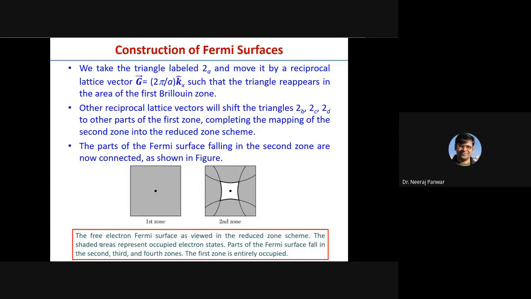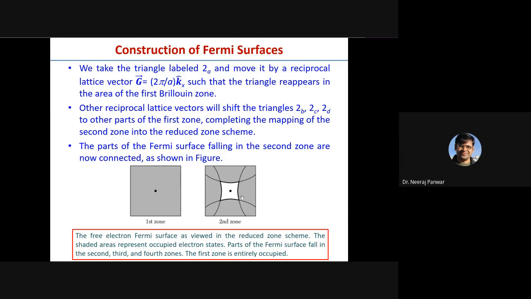The shaded areas, in gray color, represent the occupied electron states, and parts of the Fermi surface fall in the second, third, and fourth zone. The first zone is entirely occupied. When the second zone is translated to the first zone, you can see this area remains.